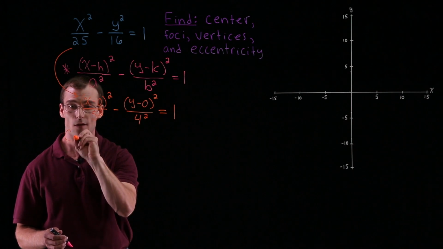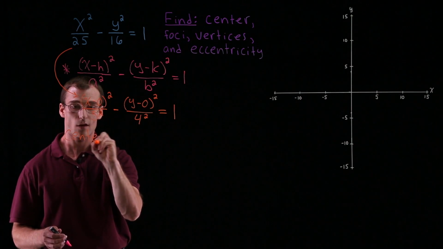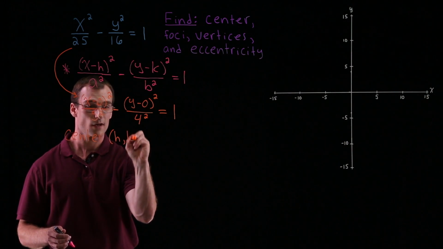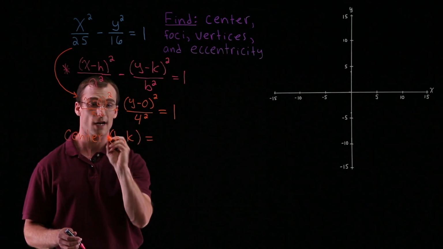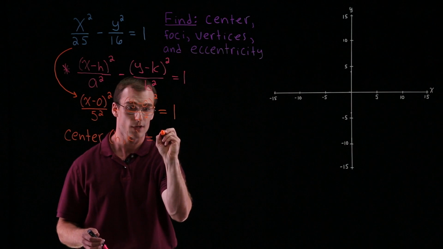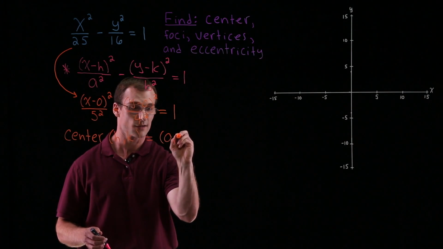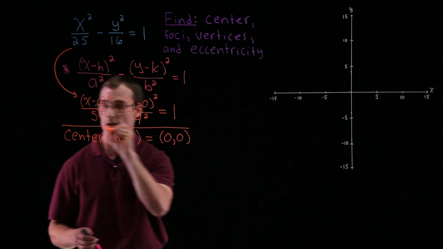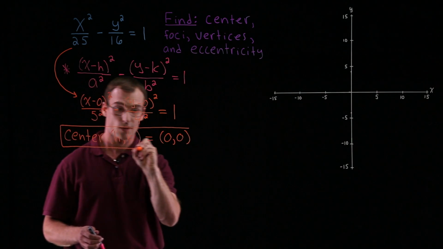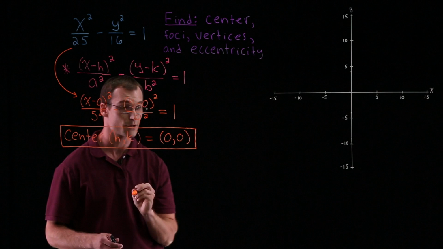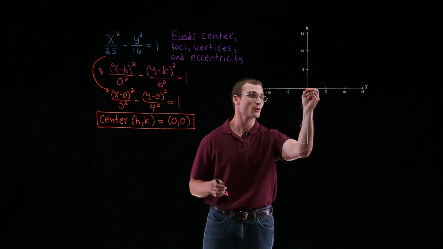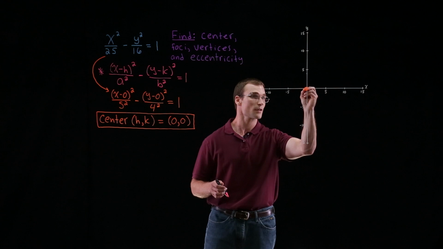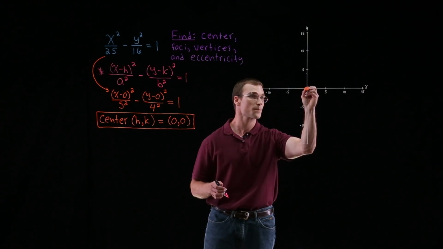Well, our center is at the point (h, k). If h and k are 0 and 0, that means our center is at (0, 0), namely the origin. So there's our first thing to find, our center. Let's plot that to start with.